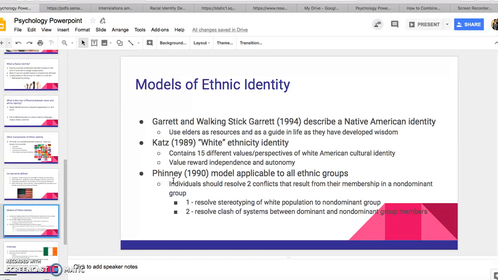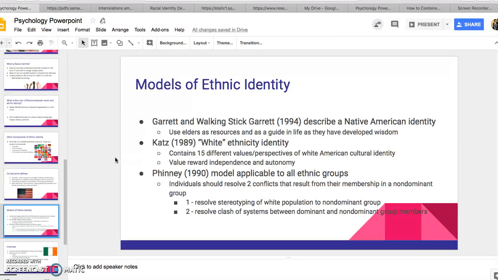Something that's pretty typical in the Native American culture is that elders are regarded as resources and are used as a guide to steer people in a certain direction in life, as they have more developed wisdom. They've been around longer, they've seen more things, experienced more life, so they're regarded as pretty high up.